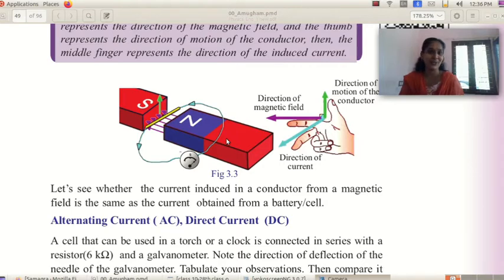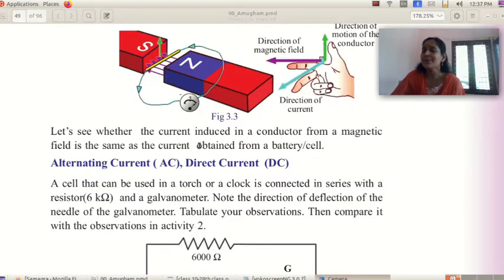When you were children, most of you glowed a bulb using a cell or battery. Is the current obtained from a cell or battery the same as the current obtained here? Now we are going to look.